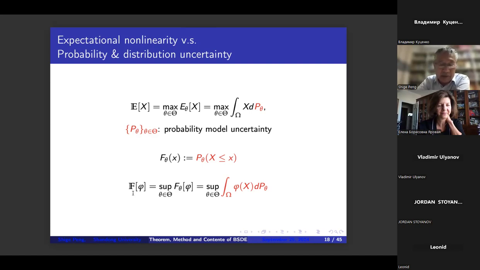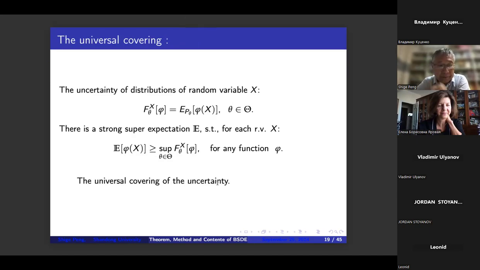Of course, here it is simply called a sublinear distribution. Then the uncertainty of distributions of a random variable x can also be defined like this.